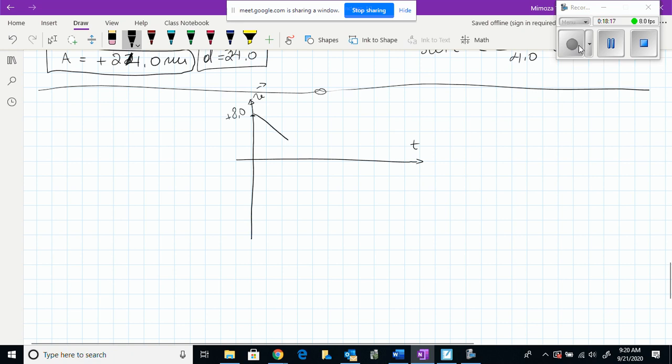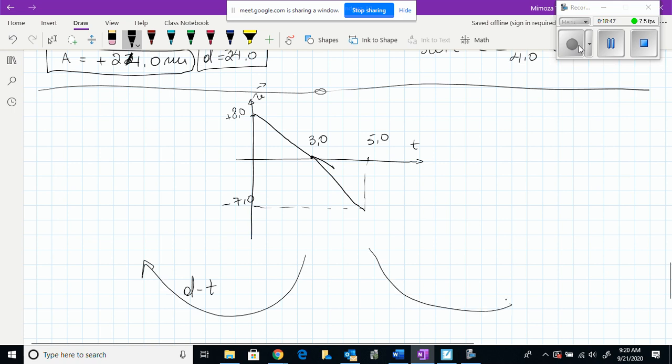It is going down until 3 seconds, and then it's going further down, up to, let's say, 5 seconds, to -7. So in this case, again, we will construct the displacement time graph and the acceleration time graph.